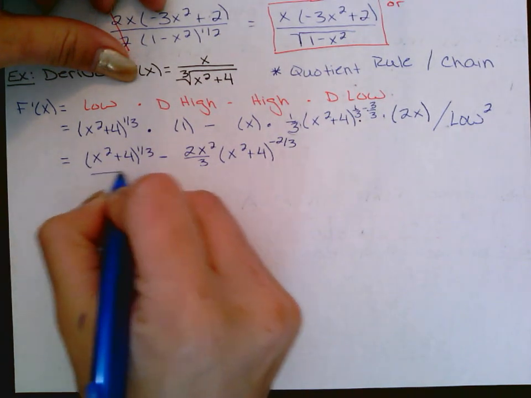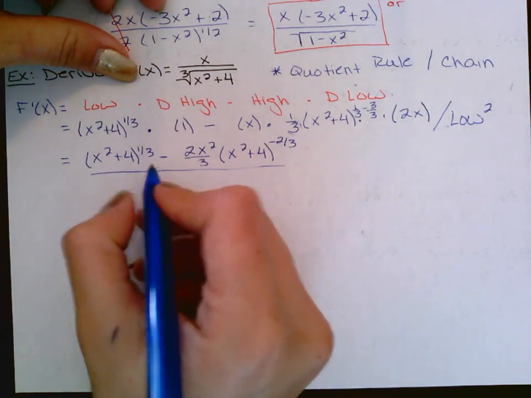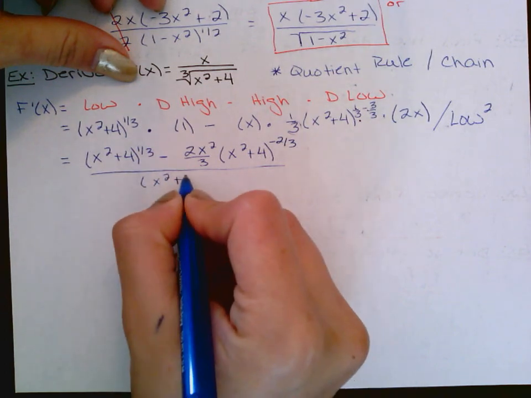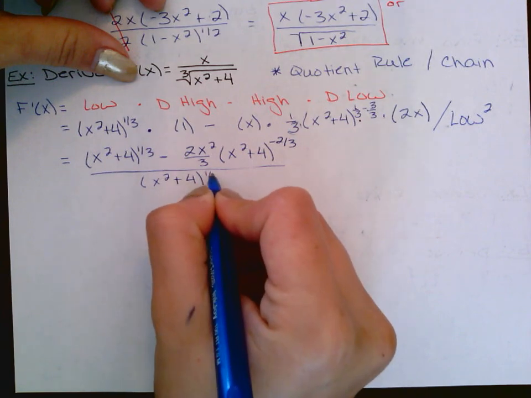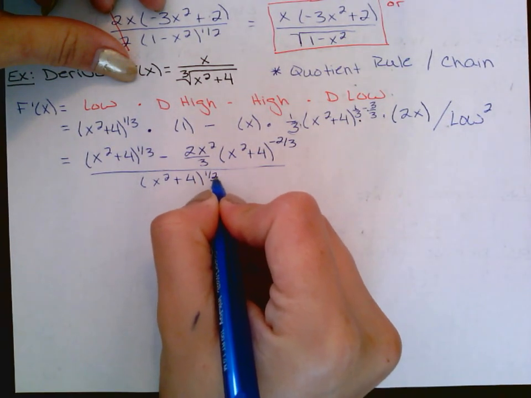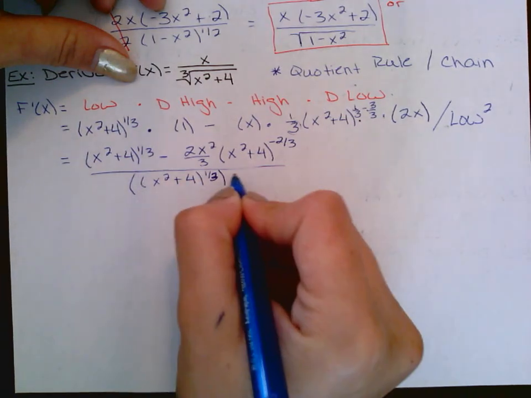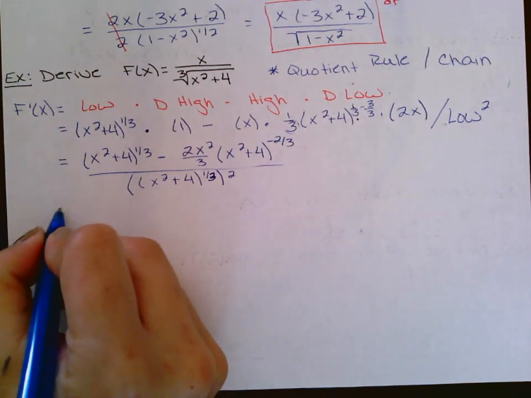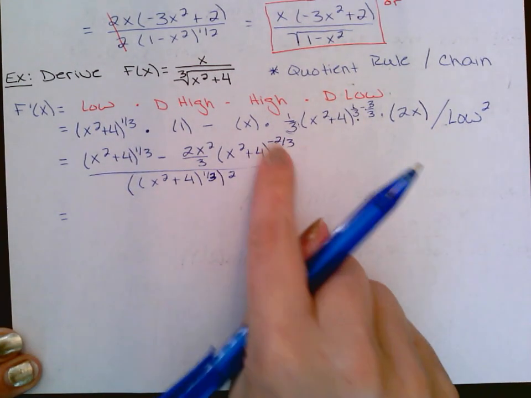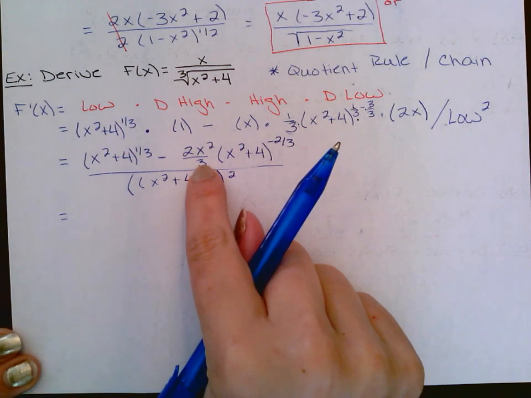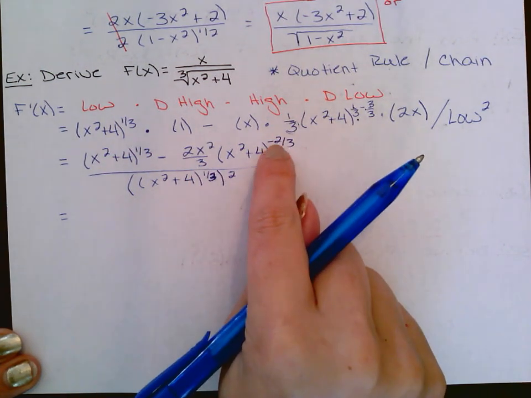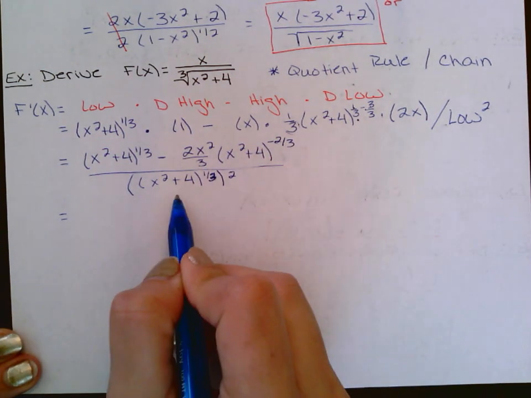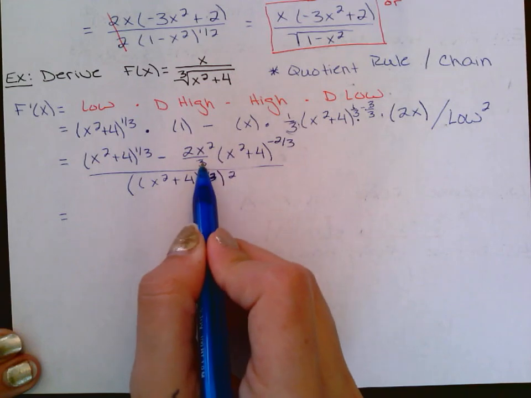And let's start writing our low squared here. Okay, so now I have my low, which is this, and then we have to square this, okay? All right, next step. This negative exponent needs to go down to this denominator, okay? This negative exponent is going to take this entire thing down to that exponent with a 3. Not down to this one, okay? It takes it down to this denominator.